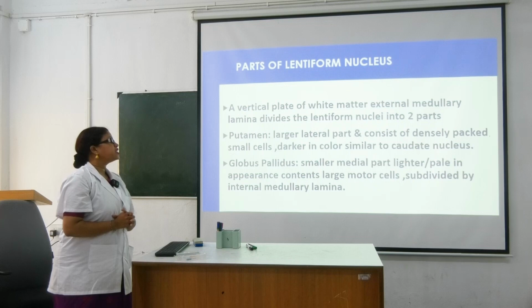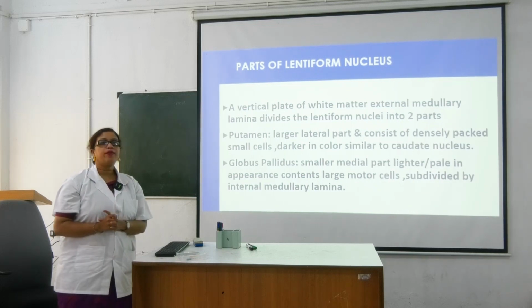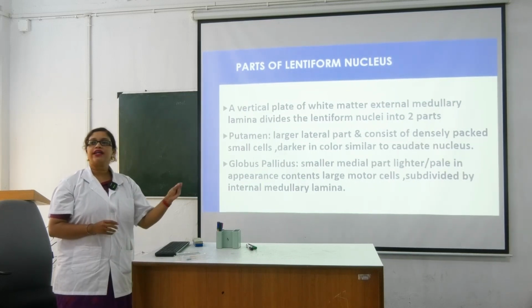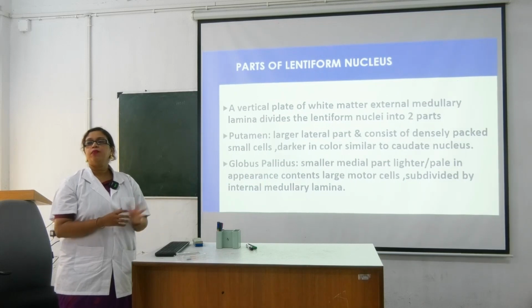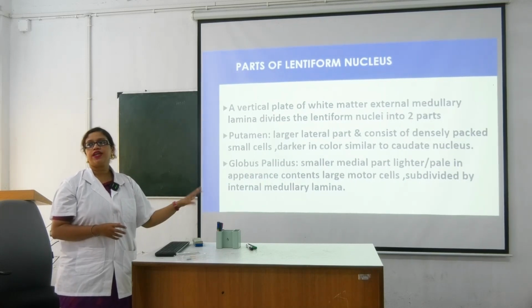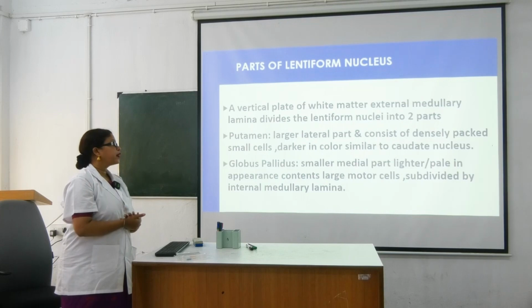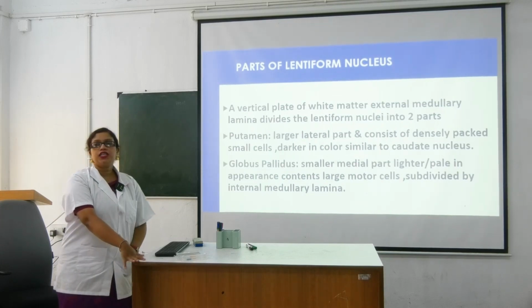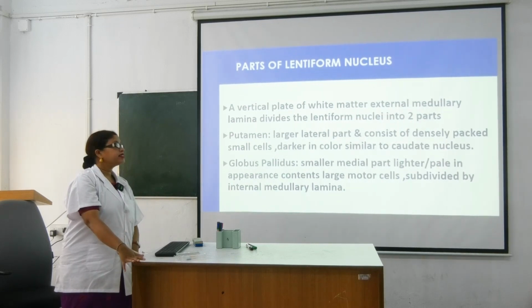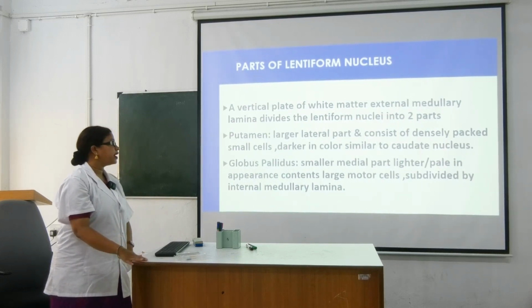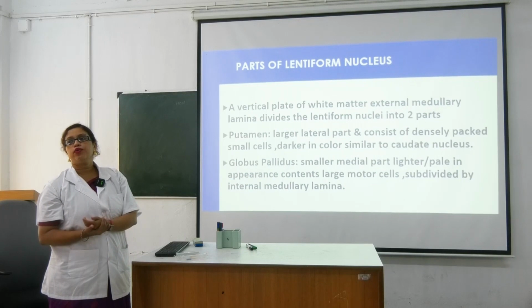But globus pallidus is the smaller medial part. Although the part is very small and medial, the cells are very large. It contains large motor cells, subdivided by the internal medullary lamina.